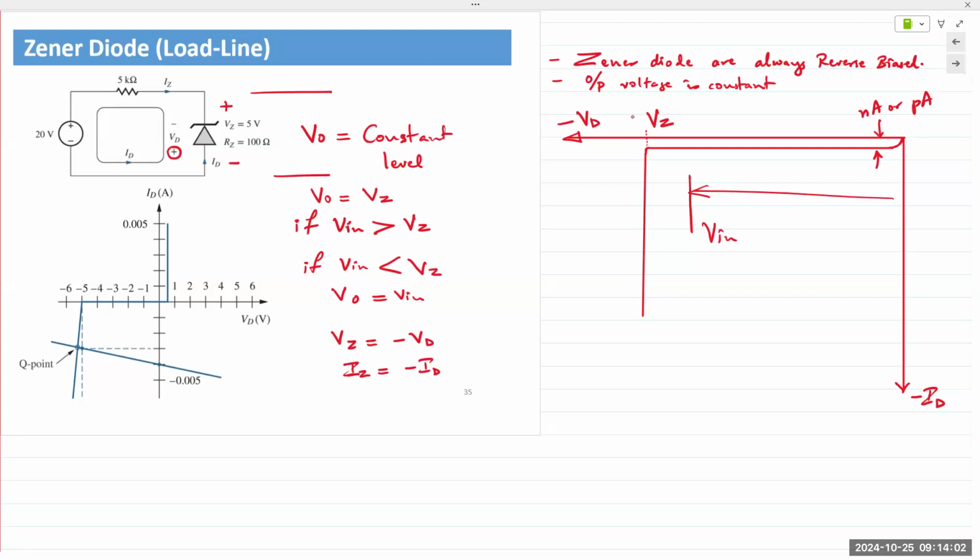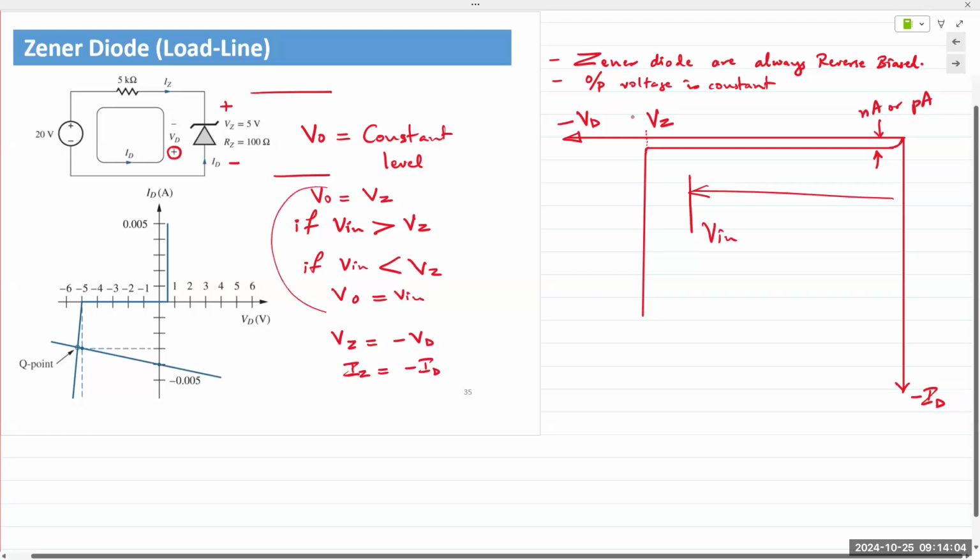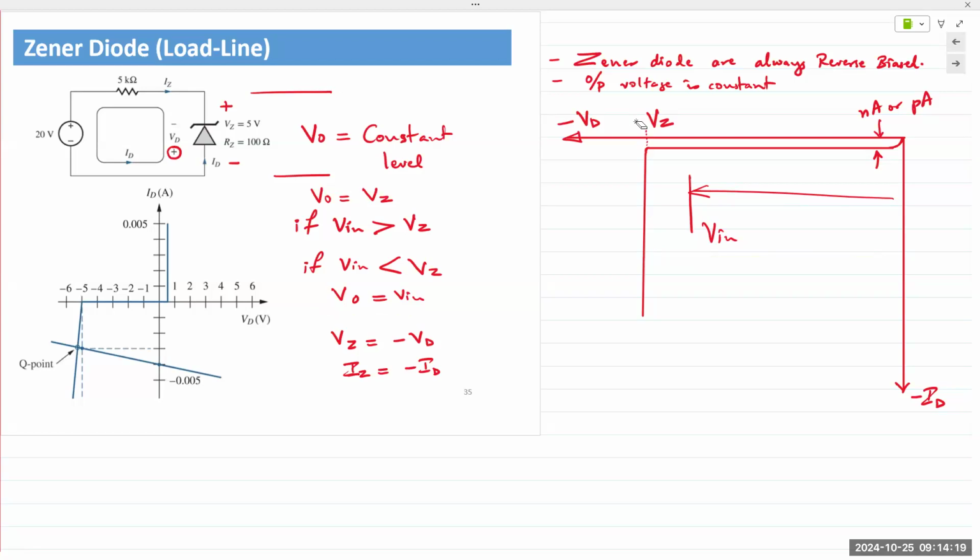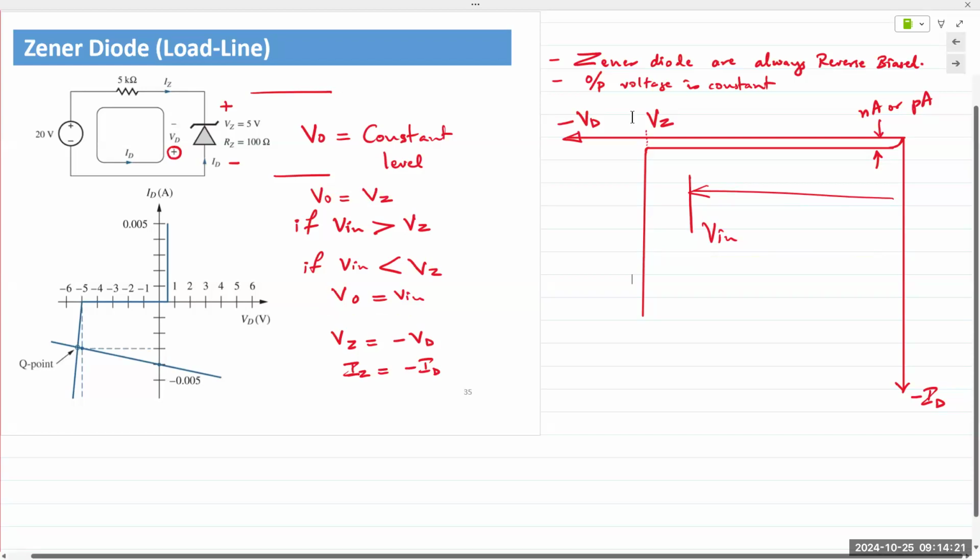The second thing that I pointed out last class is that in order for the Zener diode to turn on, the voltage must cross the breakdown voltage, which is the Zener voltage. So if Vin is less than the Zener voltage, the diode will not turn on.